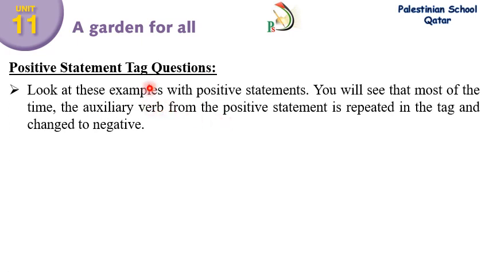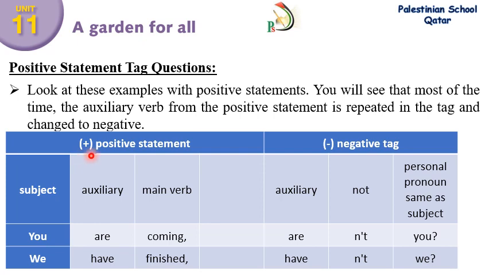Positive statement tag questions. Look at these examples with positive statements. You will see that most of the time the auxiliary verb from the positive statement is repeated in the tag and changed to negative. Positive statement, negative tag.